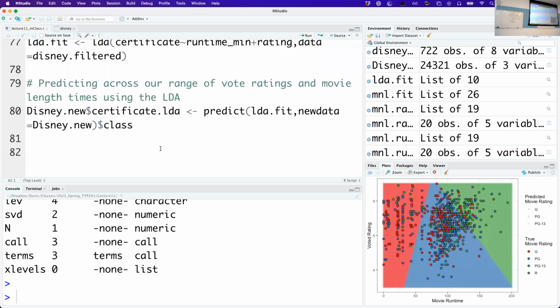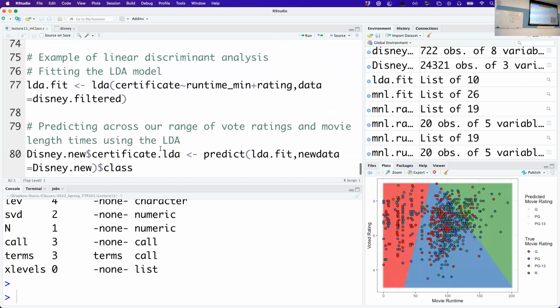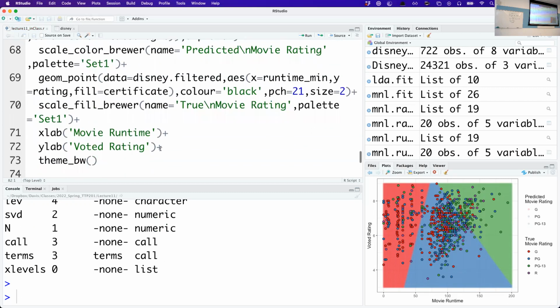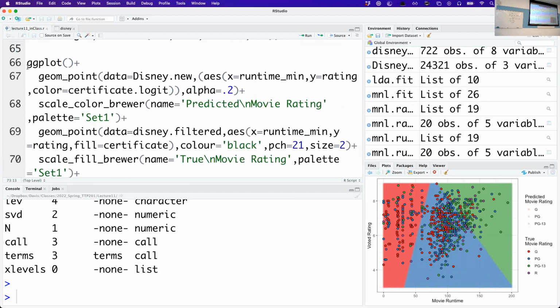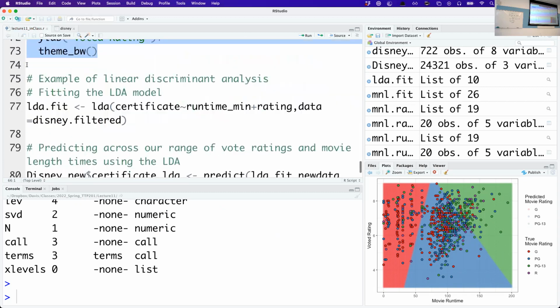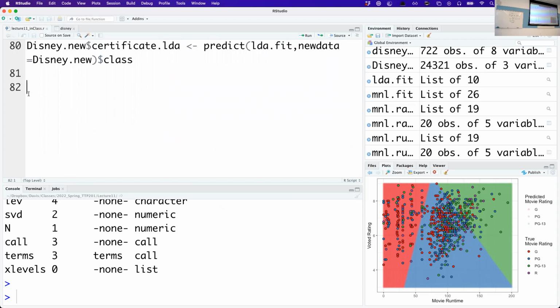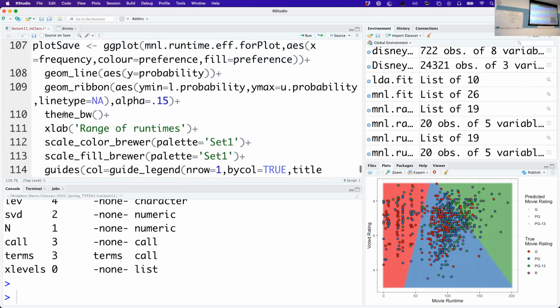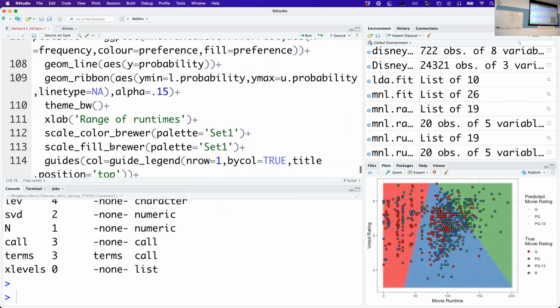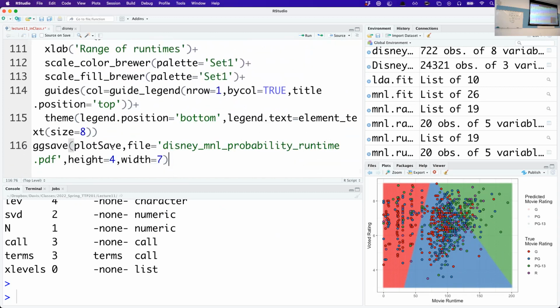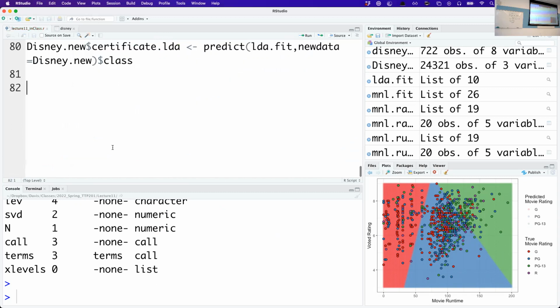And here, I am just going to straight up copy and paste this ggplot that I made before.